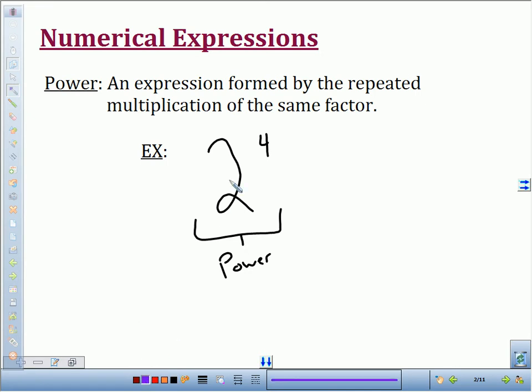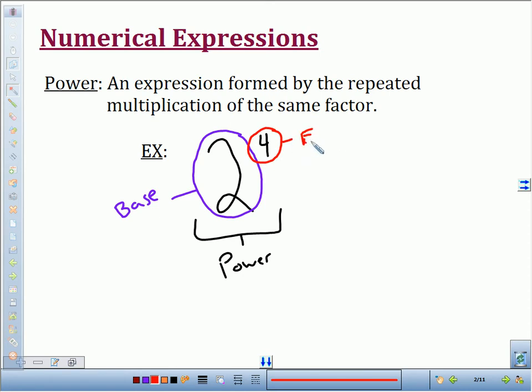A power consists of two parts. The first part is the base. Now, the base is the big number, and it is the number in the expression. The second part is the exponent. The exponent is the small number that's kind of raised up.